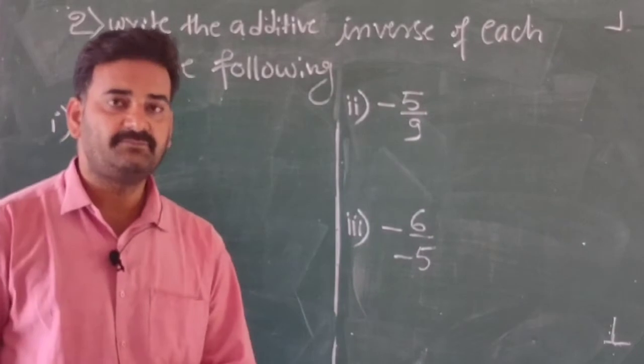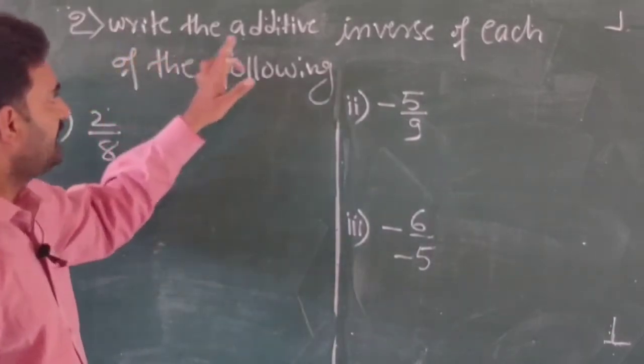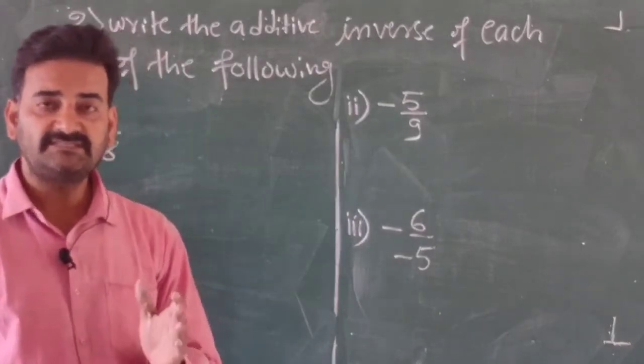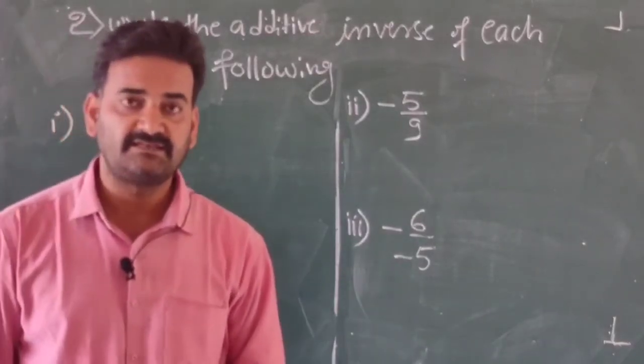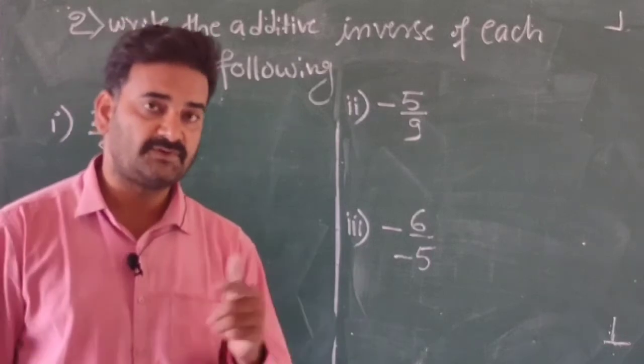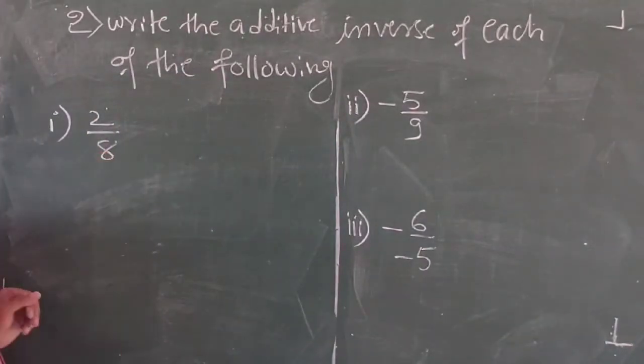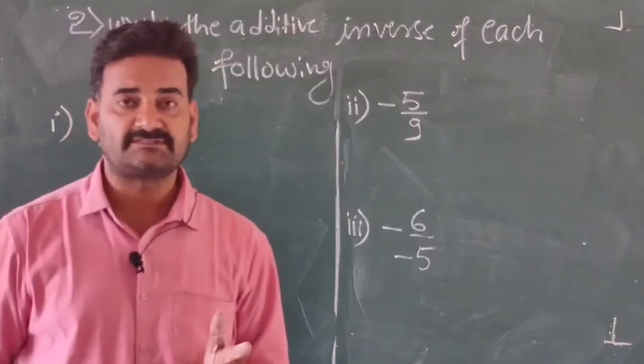Now the second bit: write the additive inverse of each of the following. What is the additive inverse? We already discussed it, but through problems one more time we will solve the problem. Let us say 2 by 8. What is the additive inverse?